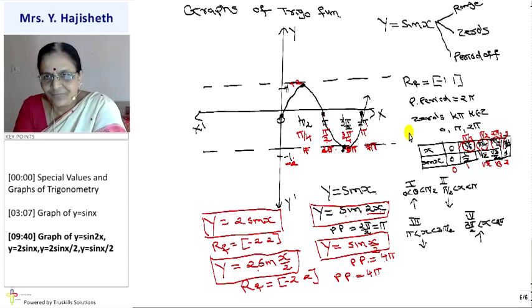Clear? So are you clear with how to construct the graph of y = sin x?